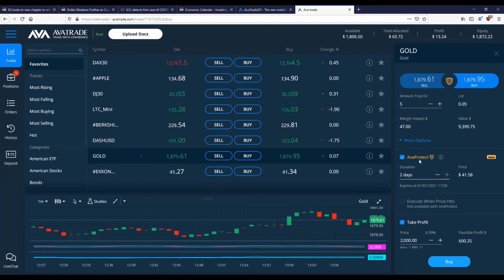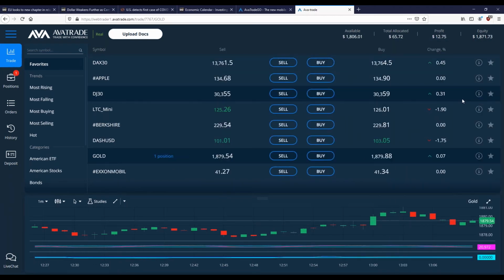So it's a unique feature that I don't think anyone else offers. And it's available on gold, silver, and all FX pairings with us. So very, very nice features.